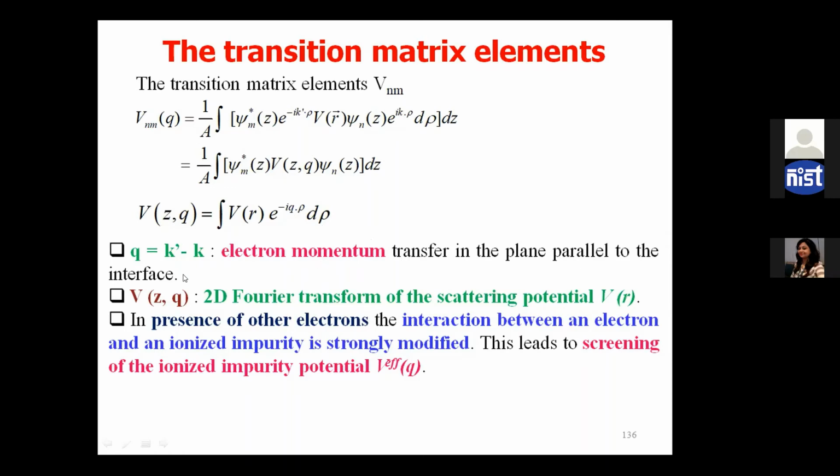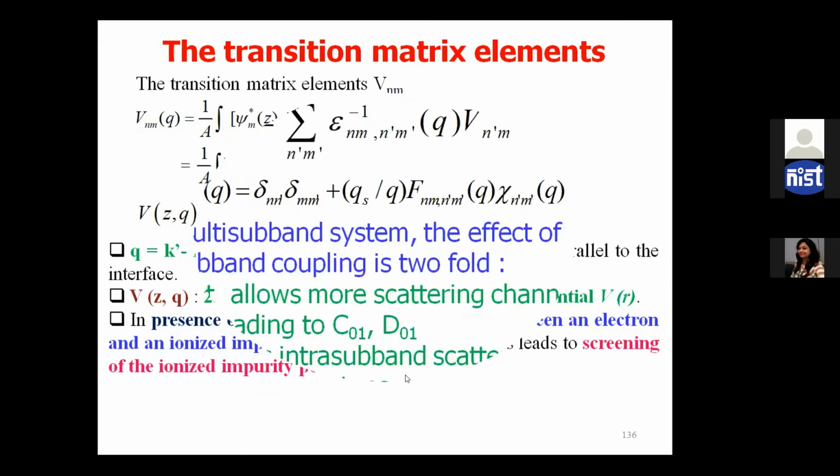In the presence of other electrons, the interaction between an electron and an ionized impurity is strongly modified. That leads to screening. So the screened ionized impurity potential we can express as V effective of q, which is obtained after screening.